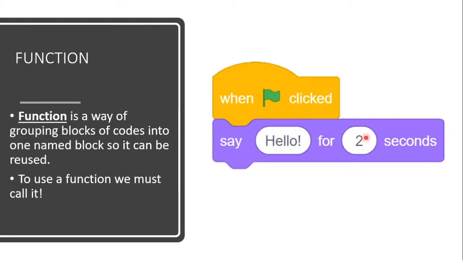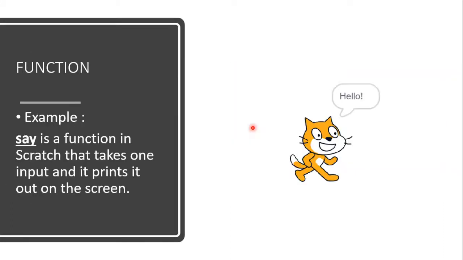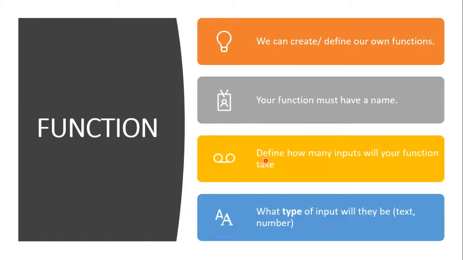And at the same time, it is taking an input of time: for how long is it supposed to say these words? So those are 2 inputs, where we have one as text and the other in the form of numbers, giving the time we need to take when saying the words that we type here. So that's what we mean when we talk about how many inputs your function will take.